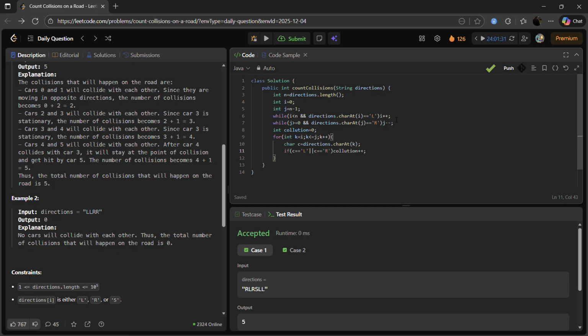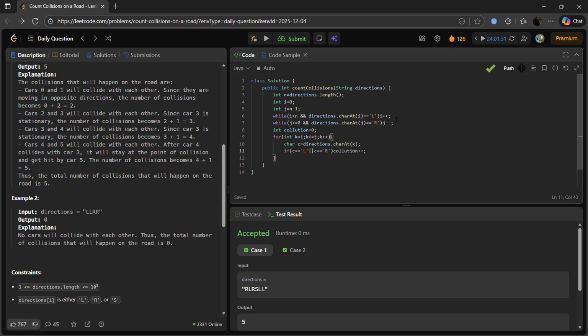So if the iteration starts, and if you encounter L and again R, for L it will increase the count, and for R also it will increase the count. So if L and R are both colliding, it will be 2, and if it is only L and S, for L it will increase the count, for S it won't increase the count, and if R and S are colliding, for S it won't increase the count, for R it will increase the count.